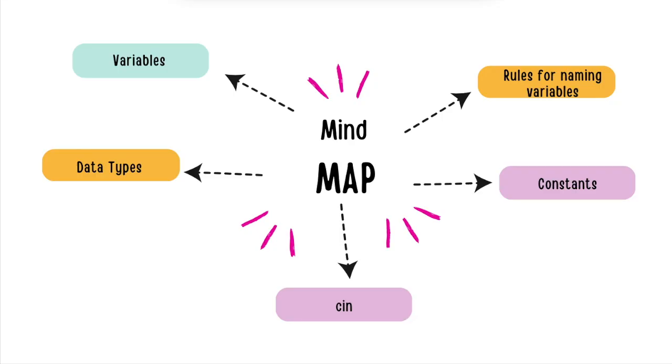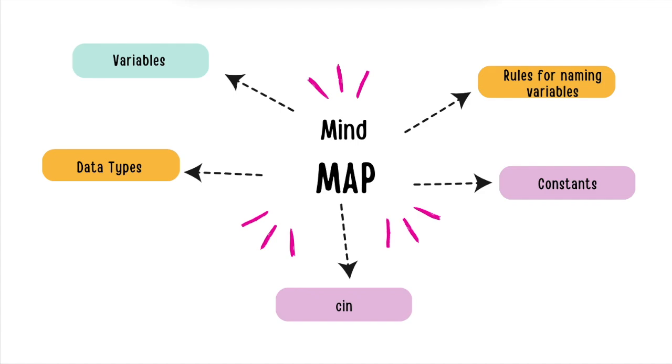So in this video, we learned variables are containers for storing values, different data types, int, float, double, char, string, bool, how to take user input with cin, rules for naming variables, constants for fixed values.